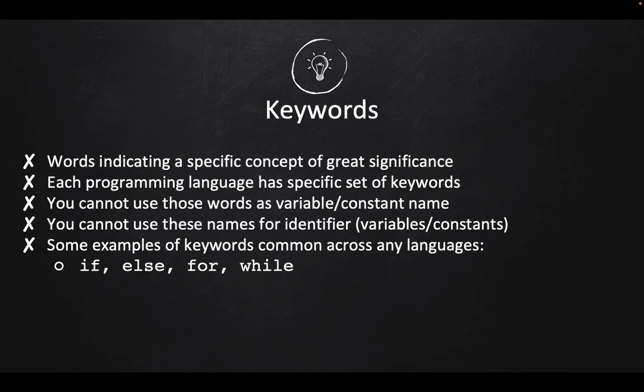Human means only human, and it is depicting some specific concept. Just like that, in programming also, there are several words that have some specific concept of some specific significance. For example, if, else, for, while. Those specific words are called keywords in a program.